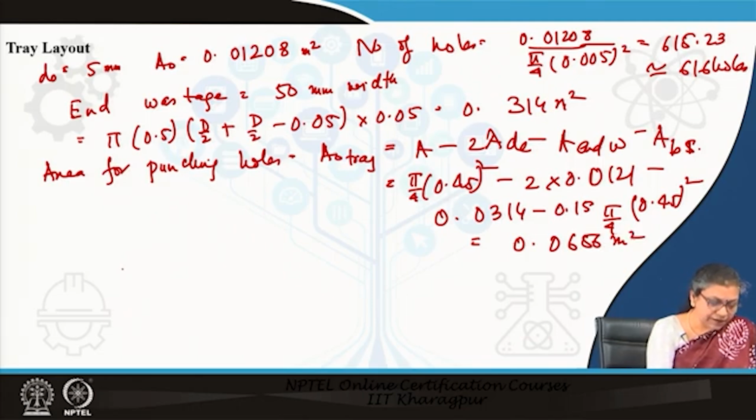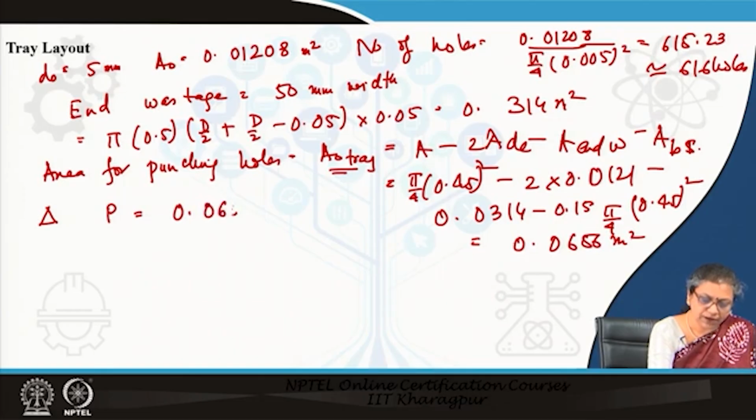So, if we consider a triangular pitch, then in that case we find what will be the pitch corresponding to this particular AO tray. If you calculate this out, you will be getting, this is 0.0656, using the formula that I have shown you.